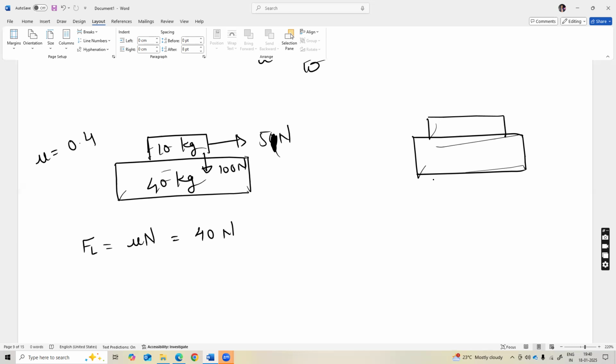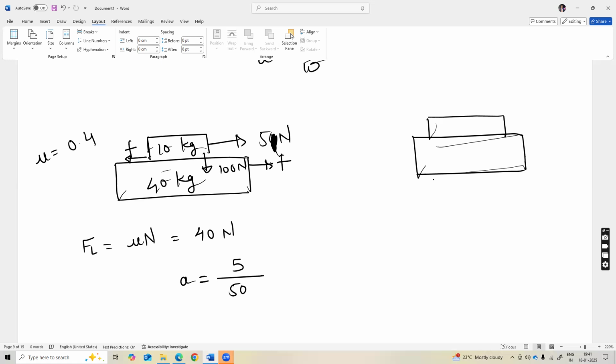So now in this case, there is a frictional force acting in the opposite direction for the 10 kg block and frictional force of F acting in this direction for the 40 kg block. So this whole system will move together because applied force is less than the limiting frictional force. So now we know that net force applied is 5 Newton and total mass of the system is 50 kg. So acceleration is 5 upon 50 for the whole system.